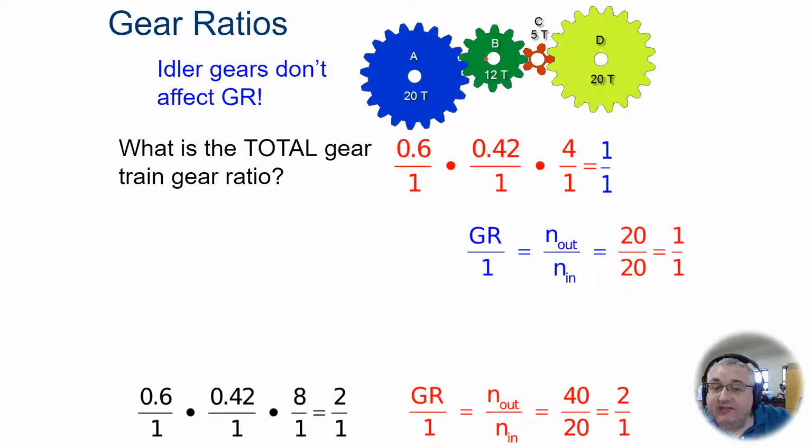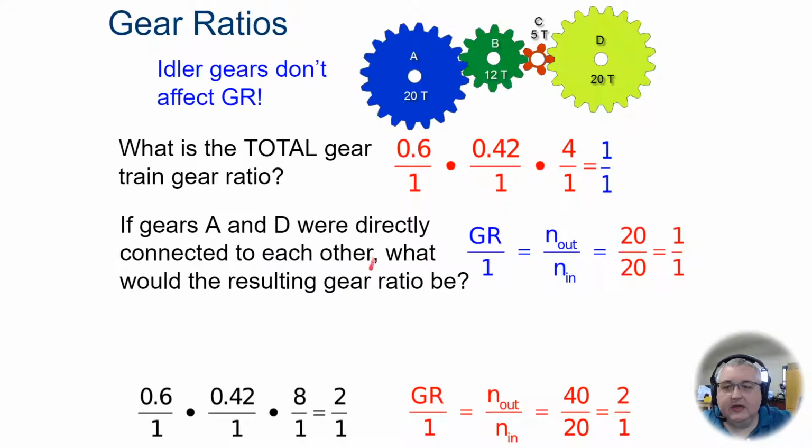If you don't believe me, what's the total gear ratio? 0.6, 0.42, 4, and to calculate gear ratio, you just multiply them together. If I do that, I get 1 to 1. If I just look at A and at D, number out divided by number in, number out is 20, number in is 20, 20 divided by 20 is 1.